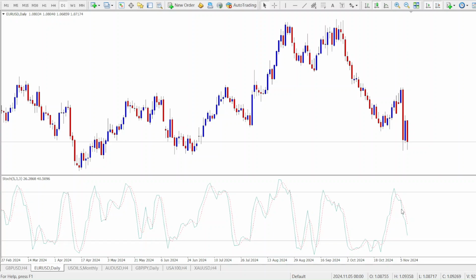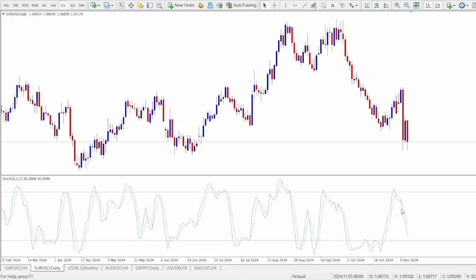The daily chart gives us a broader view of the market's movement compared to shorter time frames like the 1-hour or 15-minute charts. By using the stochastic oscillator on the daily chart, you can filter out a lot of the noise and get a clearer sense of the overall market sentiment and potential trend direction.